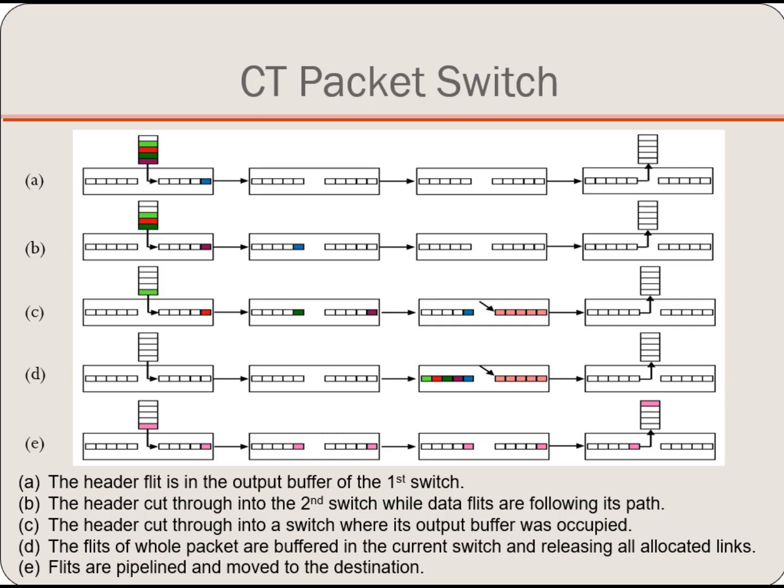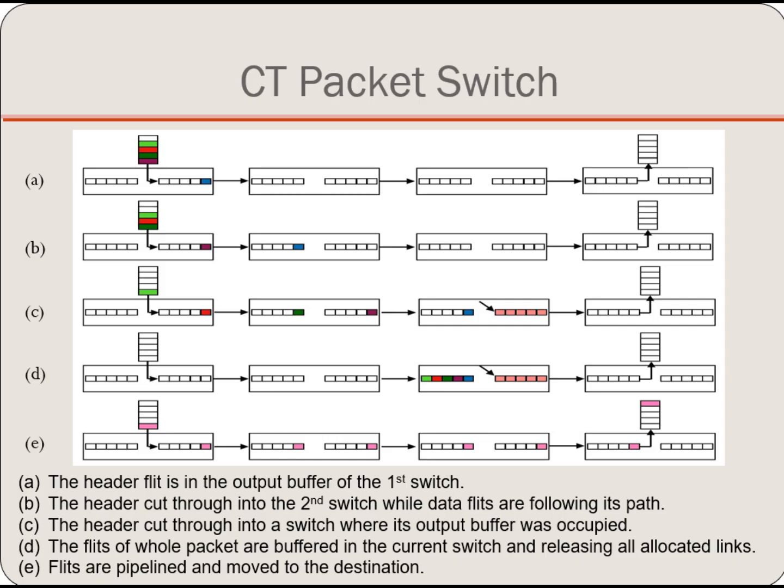The delivery becomes flit based, not packet based. You don't need to store the whole packet and deliver the whole thing. Whenever a flit is coming, you can deliver it immediately.